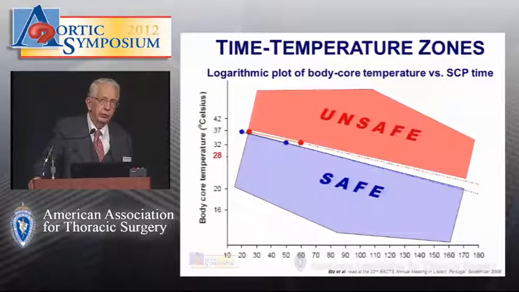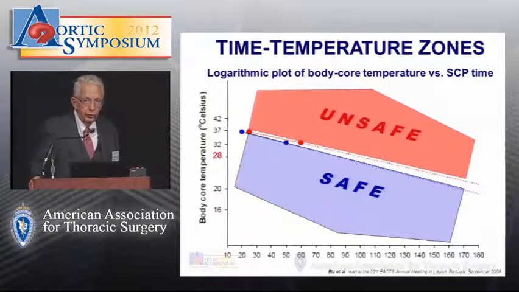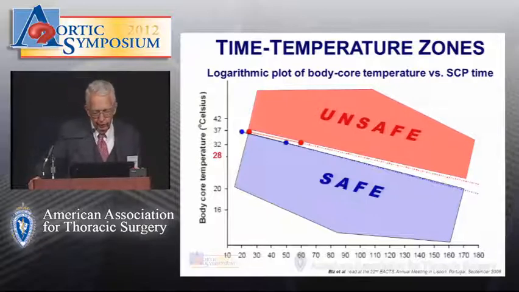Based on the experiment that I just showed you, if we just had 2 points on each line, 2 points that were unsafe and 2 points that were safe, we drew these sorts of lines on the semi-logarithmic plot of temperature versus safe interval of circulatory arrest.